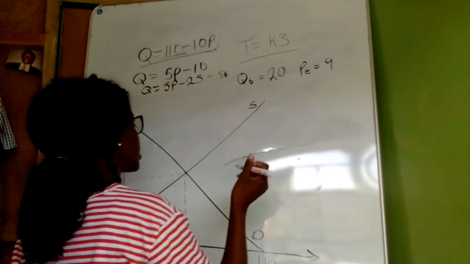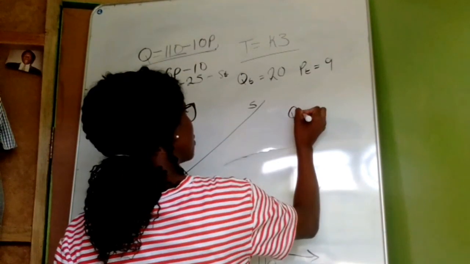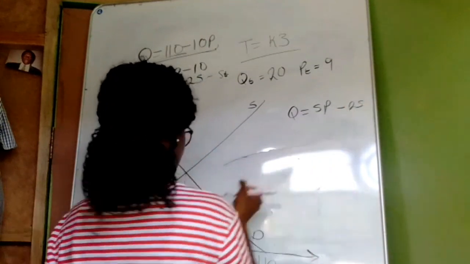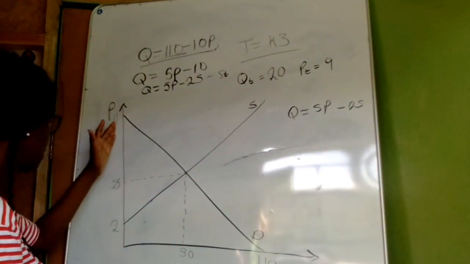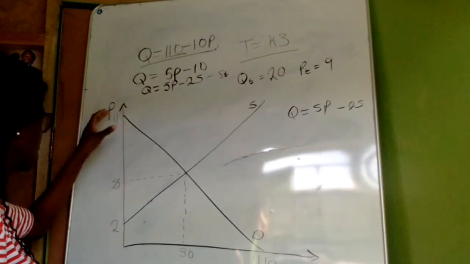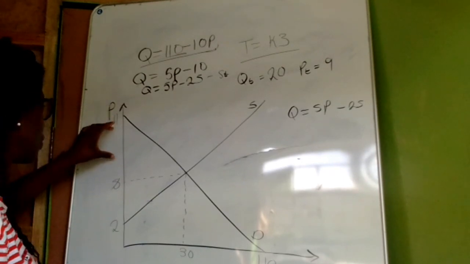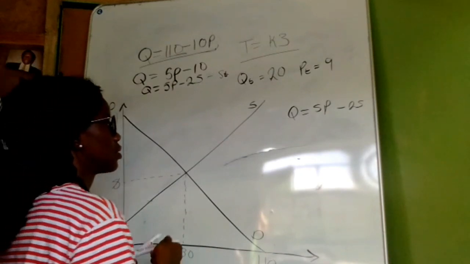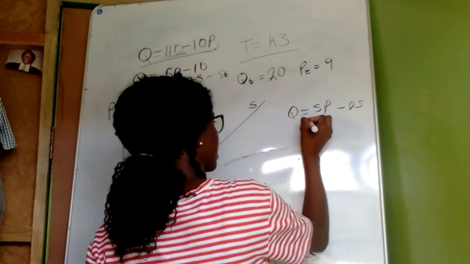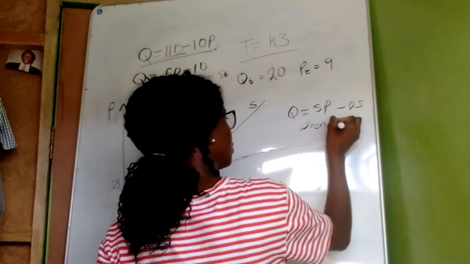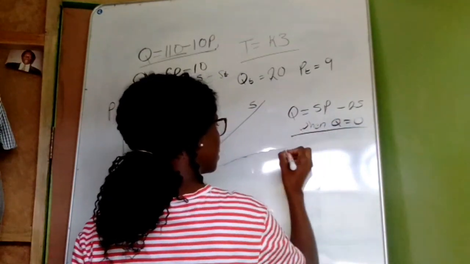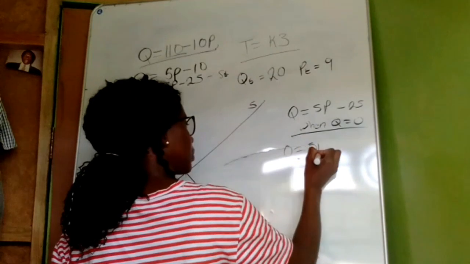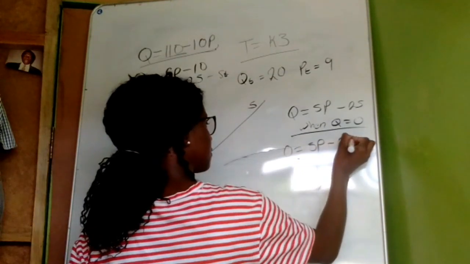So we have the equation Q is equal to 5P minus 25. And remember, to find a point along the y-axis, which is the one with the price, we say that it's a point at which the quantity is 0. So when Q is equal to 0, we put 0 is equal to 5P minus 25.